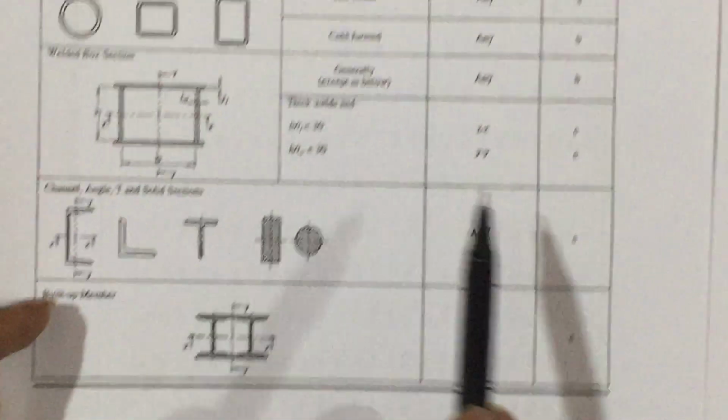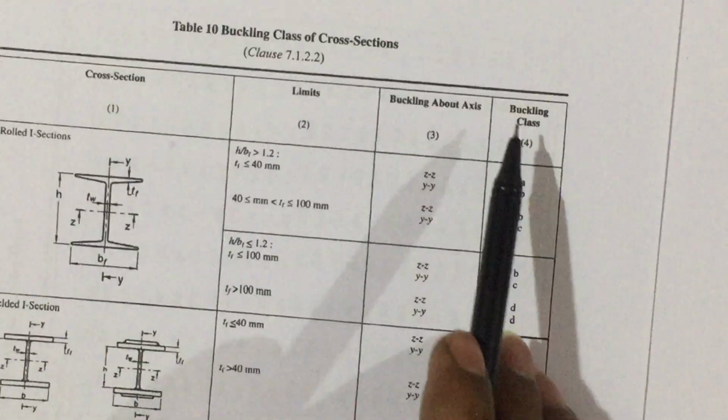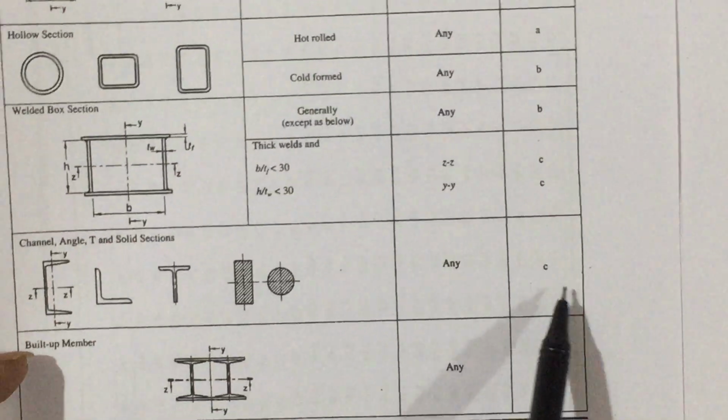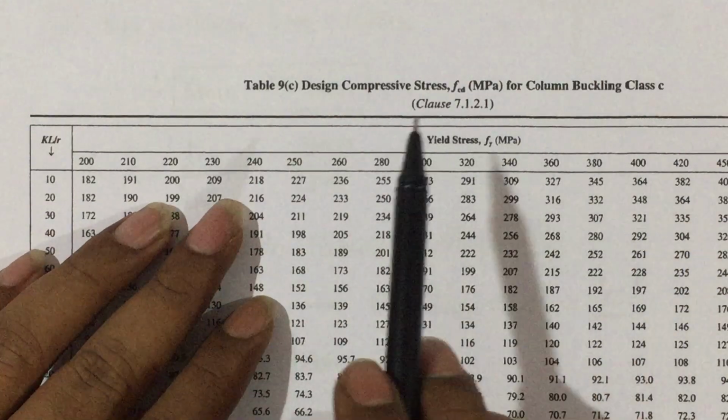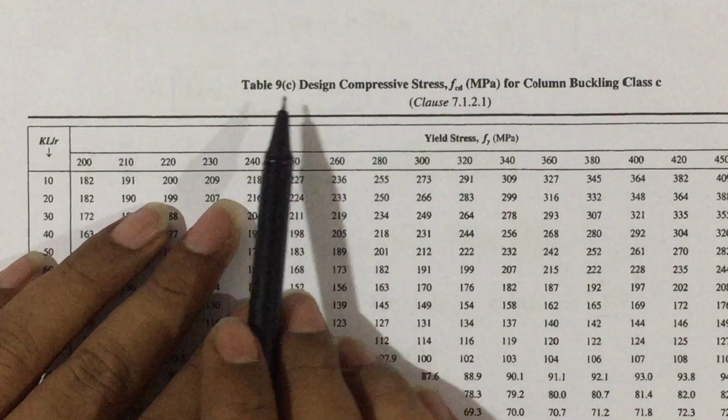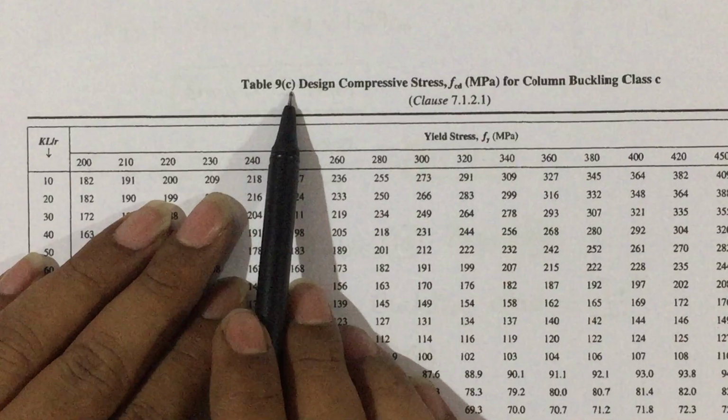For single angle section, buckling class is C. So we will go to buckling class C, that is given from table 9A to 9D. Here buckling class C is nothing but 9C.